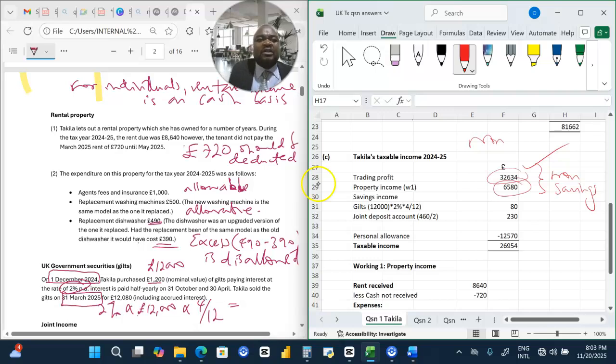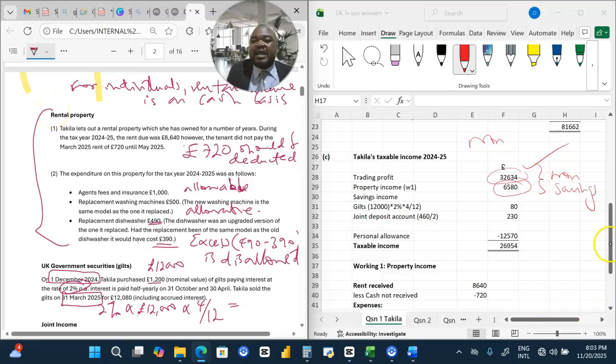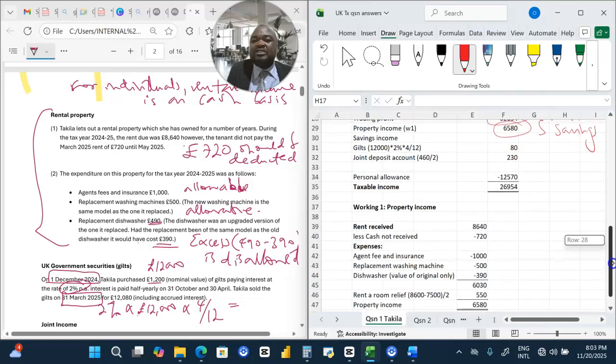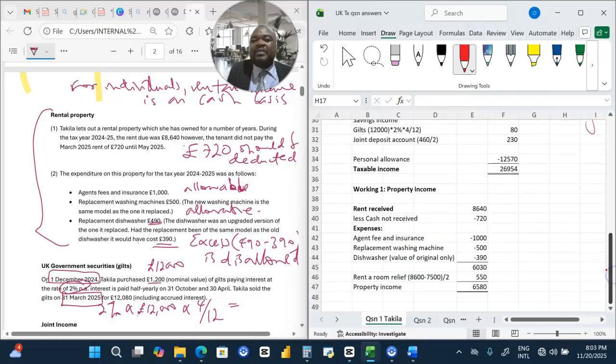Property income, there was this whole paragraph about property income, and let us deal with that one by one. We are told that they received 8,640 from a tenant. The amount which was due was 8,640.